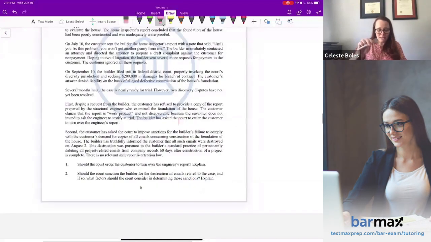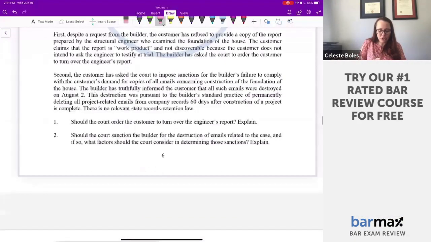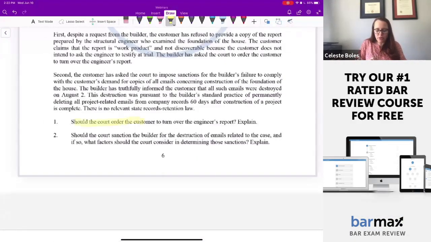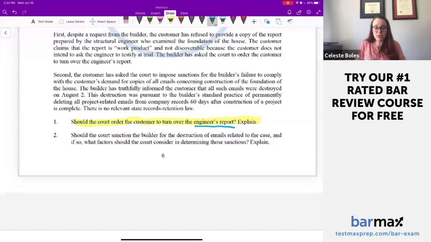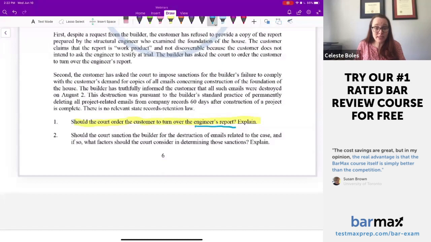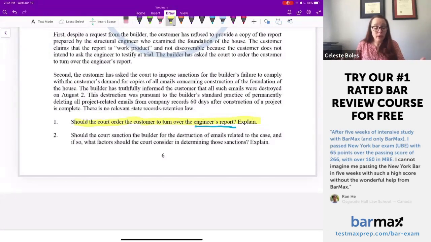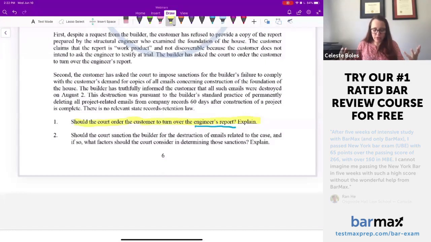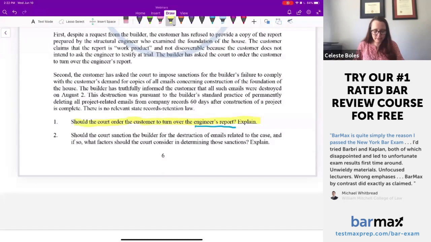Let's follow our method and look at the call of the question first. Should the court order the customer to turn over the engineer's report? Okay, so someone is requesting some particular item in discovery, and the other party objects and has a basis for that objection, and we need to determine using the rules of discovery whether the court should order the person to comply with their request.